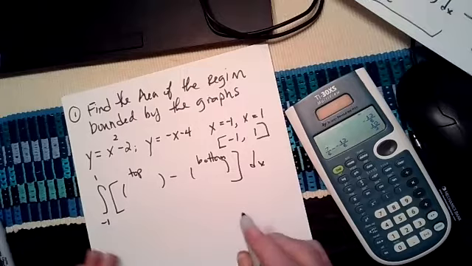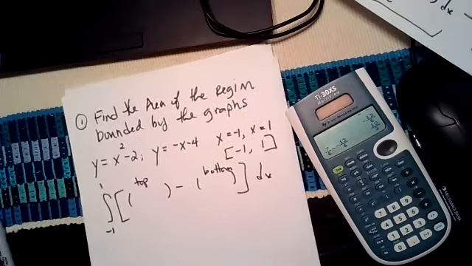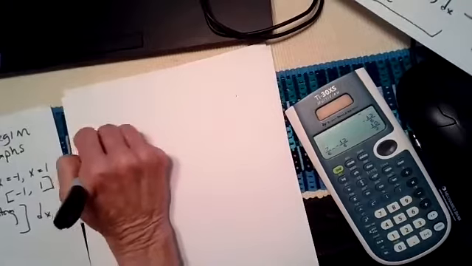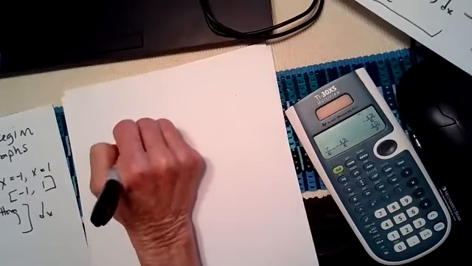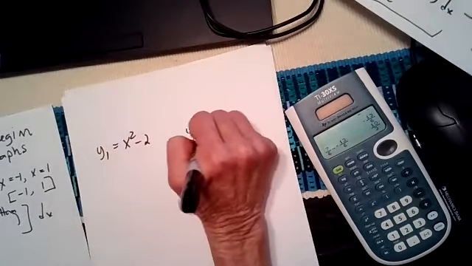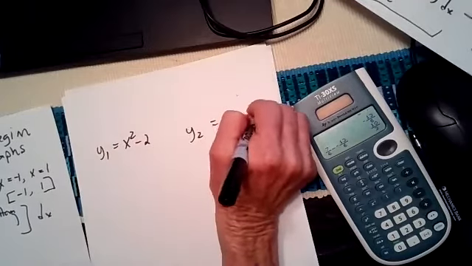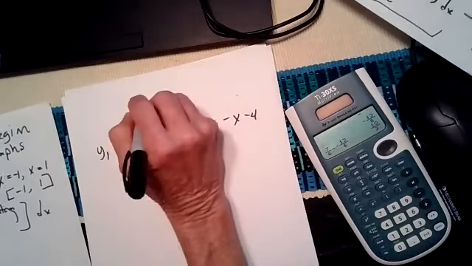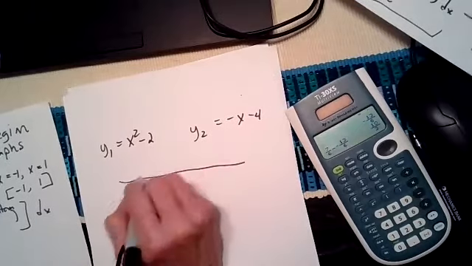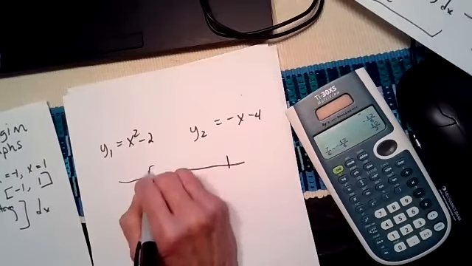So we're going to pick a number. I'll call this y1 is equal to x squared minus 2, and y2 is equal to negative x minus 4. These are my functions, and this is my interval from negative 1 to 1, right?